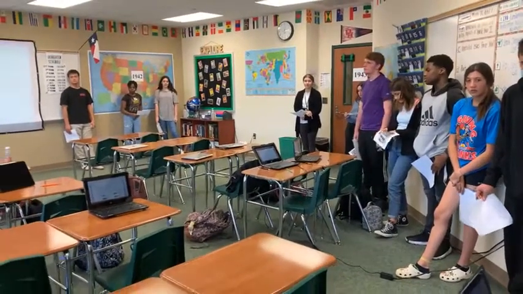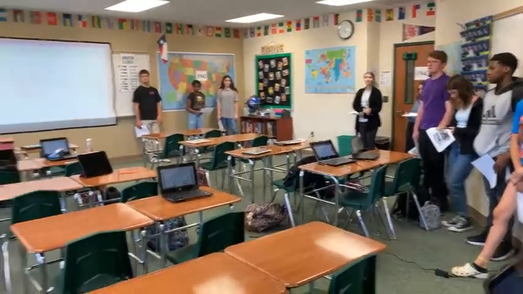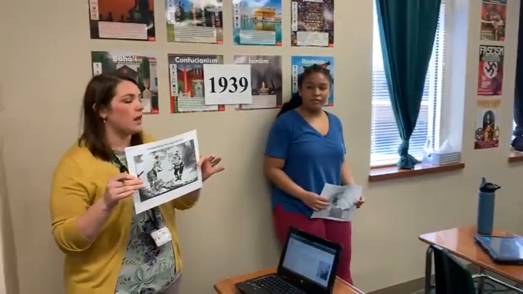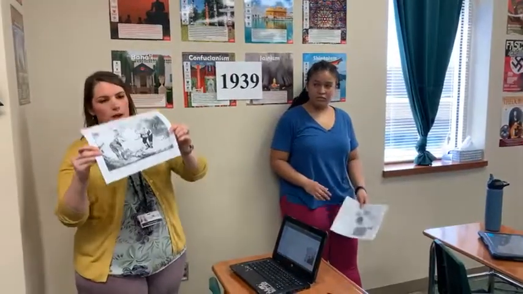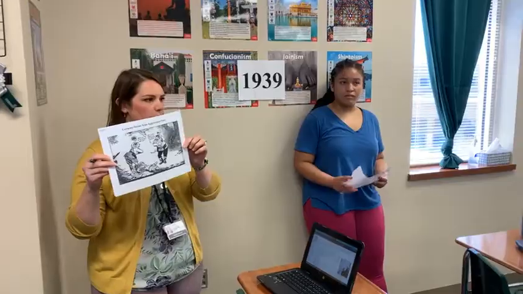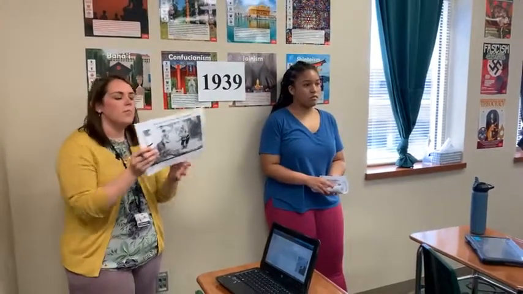So what we're going to do is we're going to start off with my event, which is the German-Soviet Non-Aggression Pact, right? So Adolf Hitler knows that the Allies aren't going to just stand around and not do anything for very long. So he's got to find a friend. So according to the German-Soviet Non-Aggression Pact, who is he going to seek out for friendship? Russia, right, or the Soviet Union, specifically Joseph Stalin.